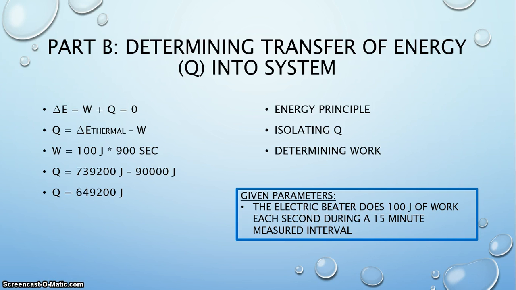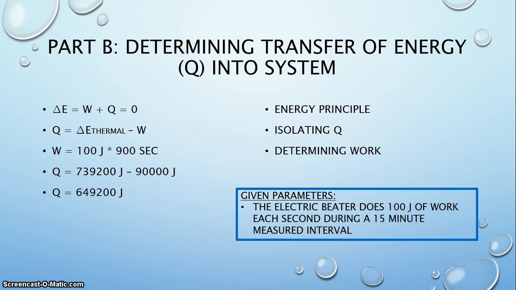Now in part B, we must use this information to determine the transfer of energy into the system from the surroundings. Again, we must note that the electric beater does 100 joules of work each second during its 15-minute measured time interval. Through the energy principle, we can isolate Q. We find that Q is equal to the change in thermal energy minus the work done on the system.